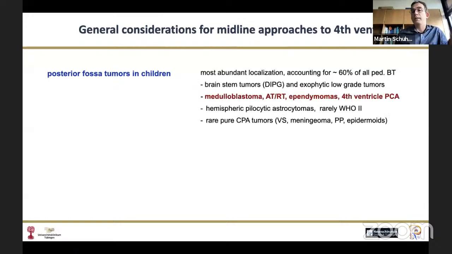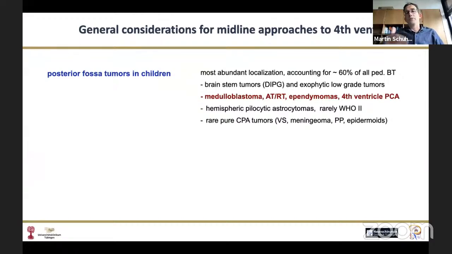It is the most abundant localization, accounting for about 60% of all pediatric brain tumors, which in general are rare, but in the pediatric centers you of course accumulate the cases. So the fourth ventricle and the posterior fossa is something pediatric surgeons spend quite a time of their life inside.